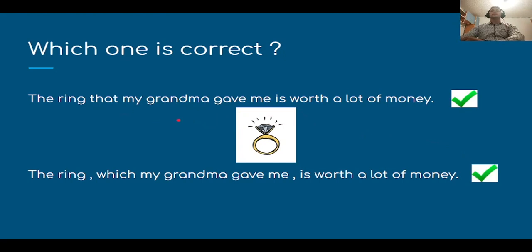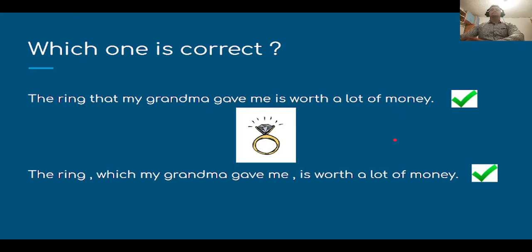In the first sentence, if we have several rings and you want to point out the one ring that your grandma gave you, you will use a defining relative clause like this: the ring that my grandma gave me is worth a lot of money.